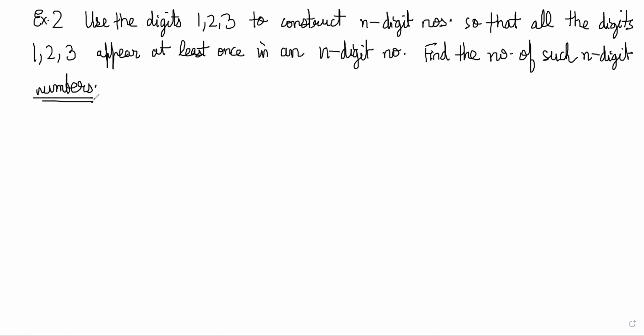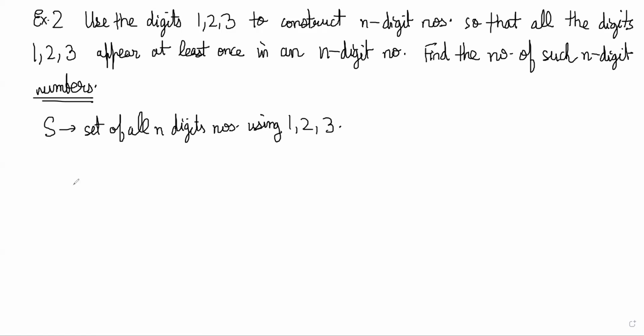So each of the digits 1, 2, and 3 should appear at least once, right? Okay. So let's set up the symbolism for it. S is the set of all n-digit numbers formed using 1, 2, and 3, right?